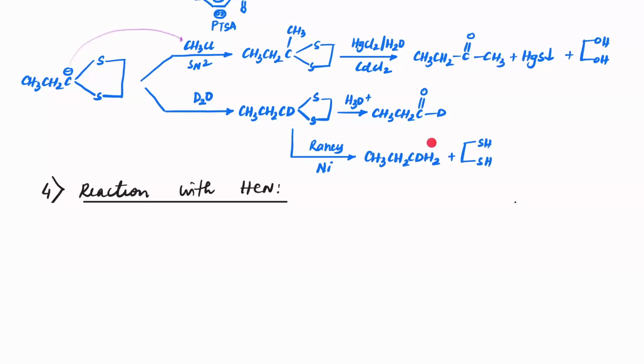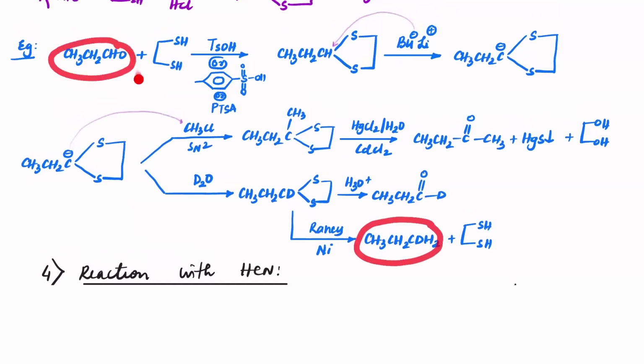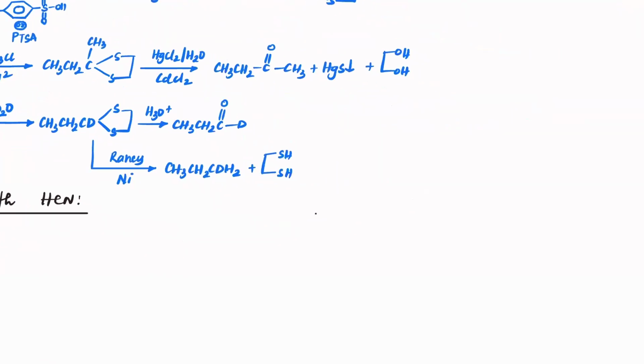So here, this has converted to an alkane. That means you start with an aldehyde, end up with an alkane. Remember, for aldehydes to alkanes, there are two major reactions which we do. One is Clemmensen's reduction, the other one is Wolff-Kishner reduction. This is the third one. This is also used as a reduction to alkanes, and this reduction to alkanes is what we call the Mozingo reduction.